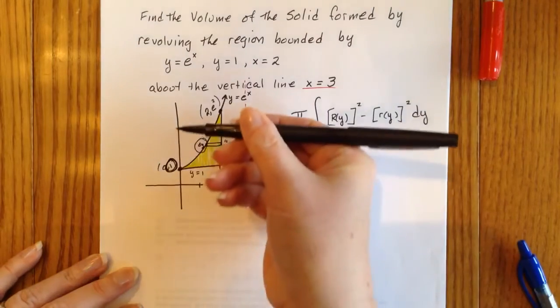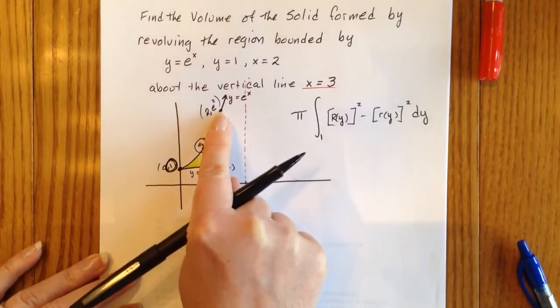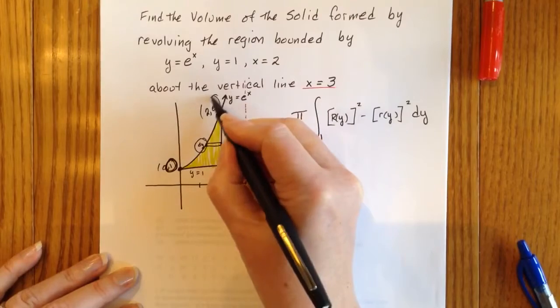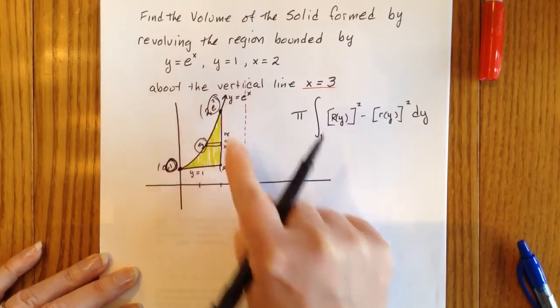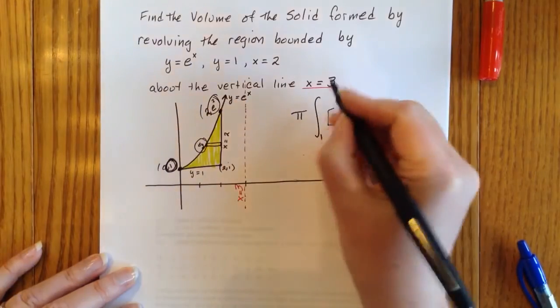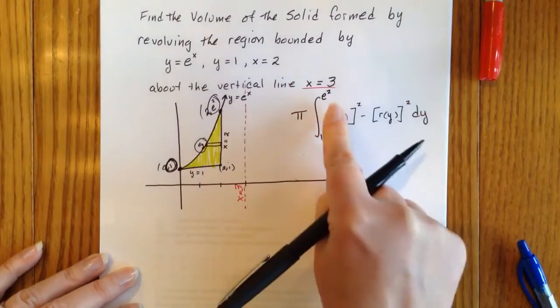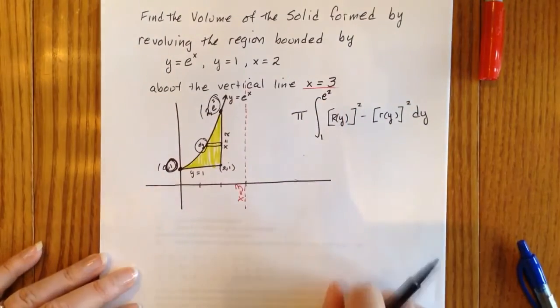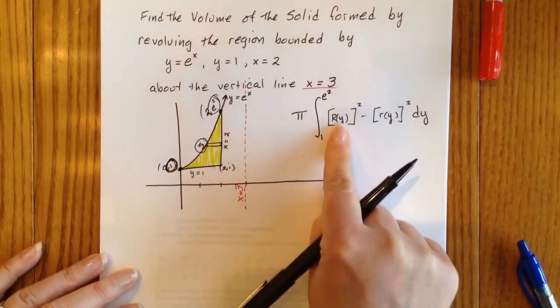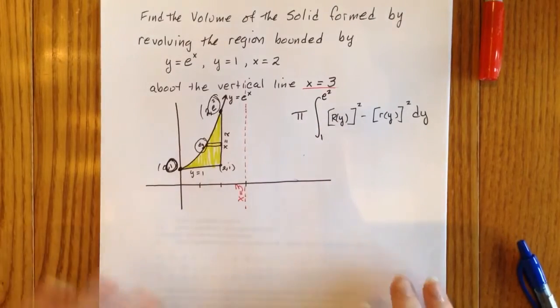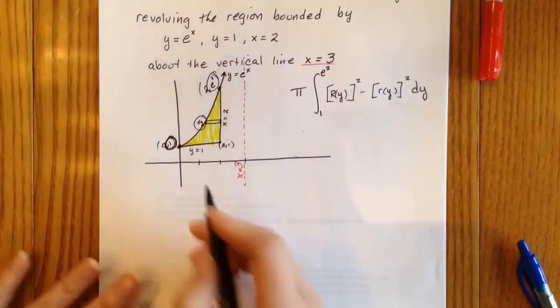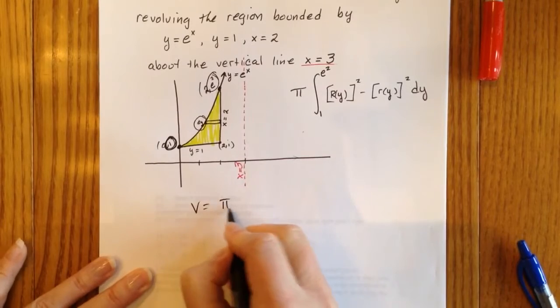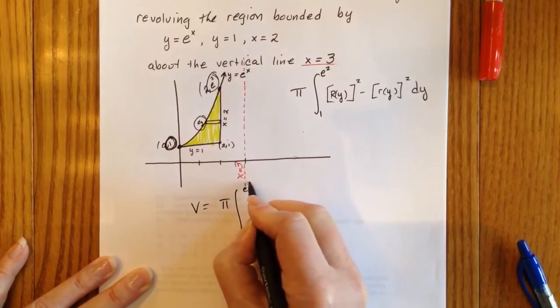The highest these rectangles will go will be the y coordinate of e squared, found by plugging 2 into this. These are my y limits for this particular problem. Now let's get to the radii. There's my limits, 1 to e squared.